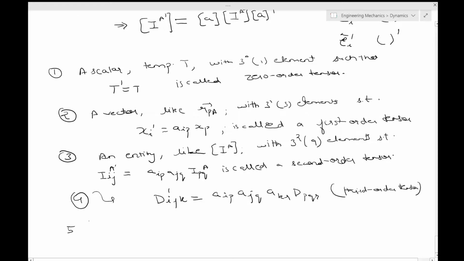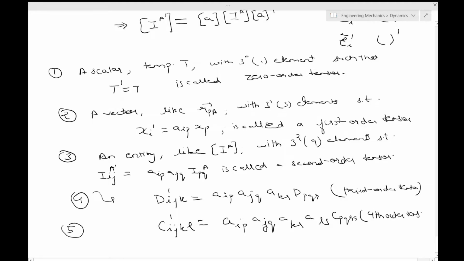For example, you have C_ijkl dash is equal to a_ip a_jq a_kr a_ls C_pqrs. This is a fourth order tensor. Of course, we don't have to go this far. Until here is what we need. But you should just know that all of them will be called tensors because they follow this transformation law.